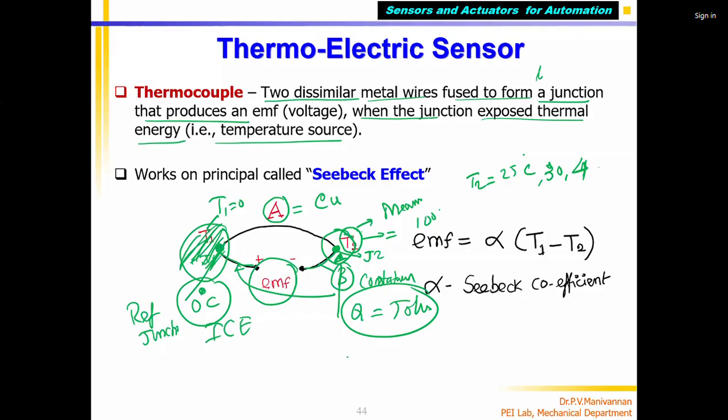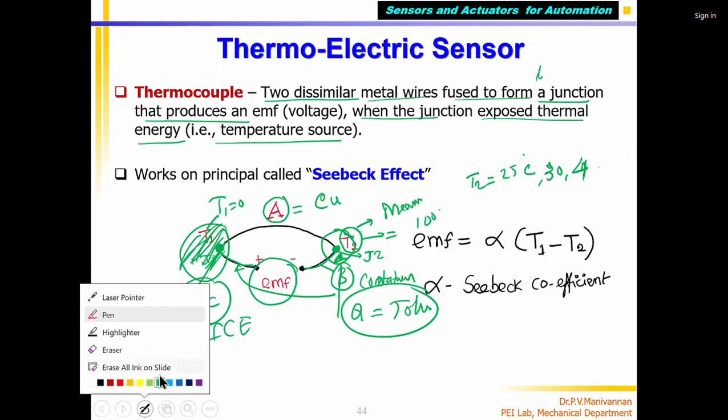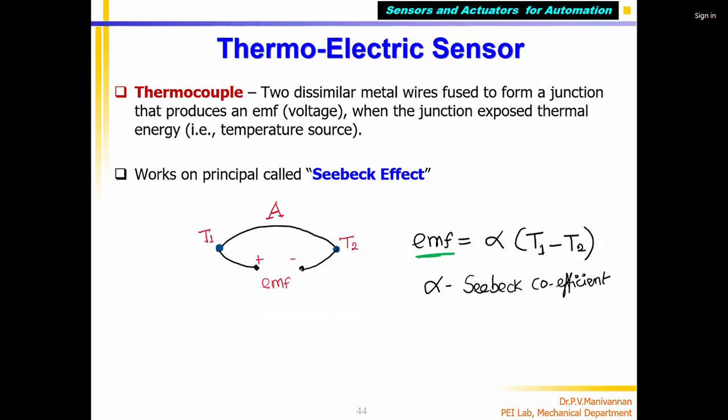The EMF produced is proportional to, as shown here, the EMF produced at this junction. One wire is called plus, the other minus, because voltage always has plus and minus. So EMF is proportional to alpha times (T1 minus T2). I said T1 equals 0 degrees, maintained with ice.